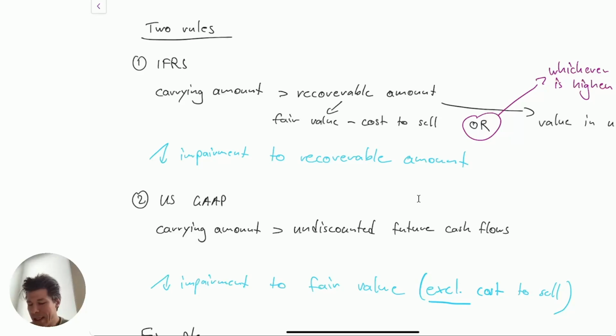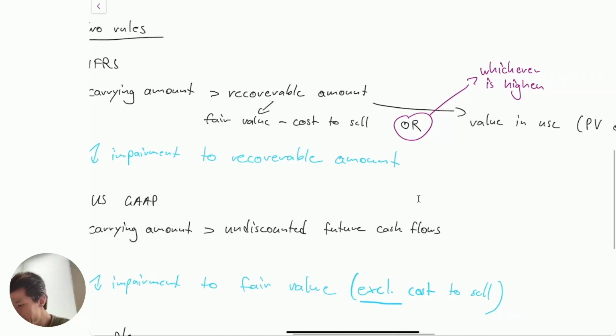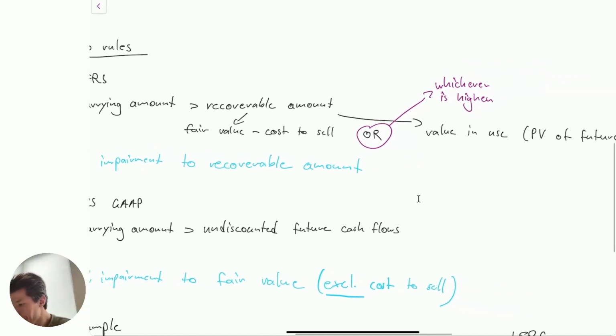Recoverable amount under IFRS means the higher of fair value minus cost to sell. This is the scenario if you try to sell the asset. What do you get? Fair value. What is the selling price?